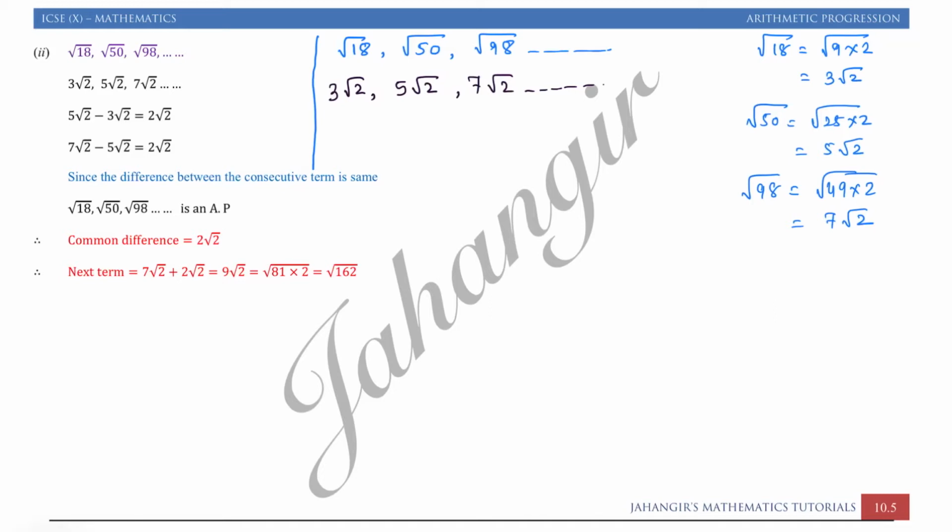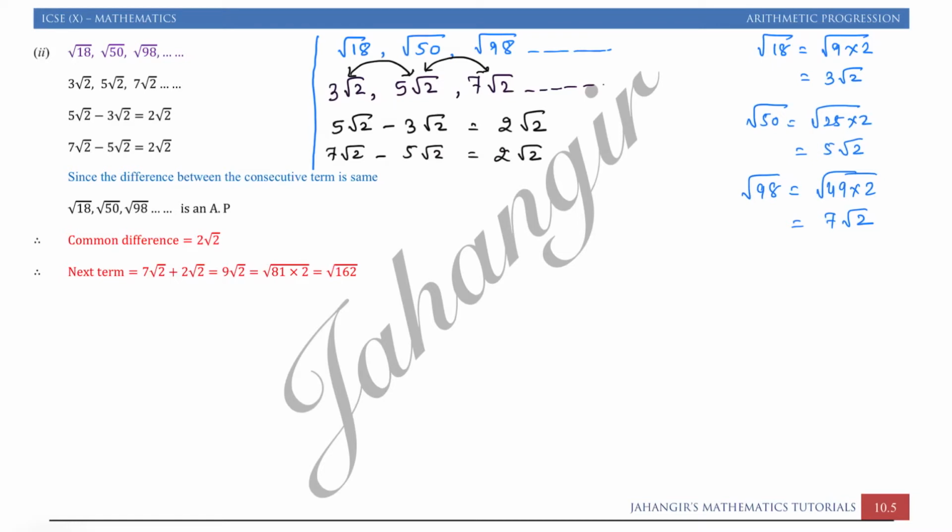So first we are going to check whether difference between the consecutive term is same. By looking at this I can say it is, but we have to prove. So here what I will take, I will write 5 root 2 minus 3 root 2, that is 2 root 2. First term minus second term minus first term, then third term minus second term, that is 7 root 2 minus 5 root 2, that is again 2 root 2.